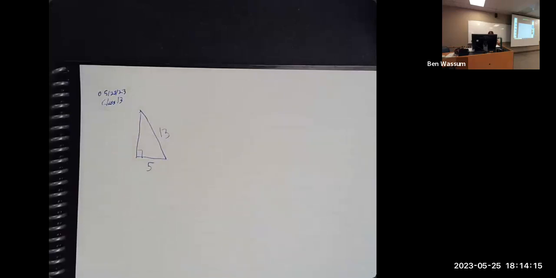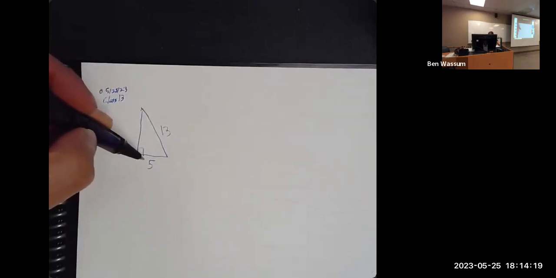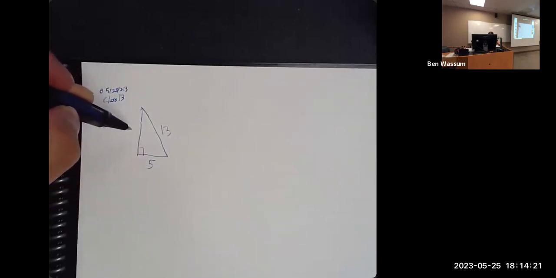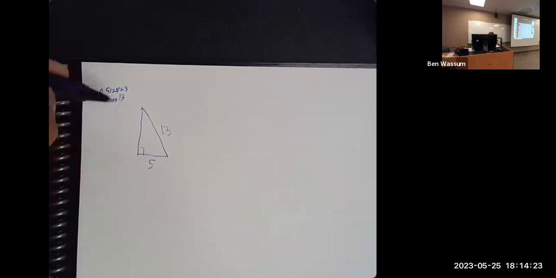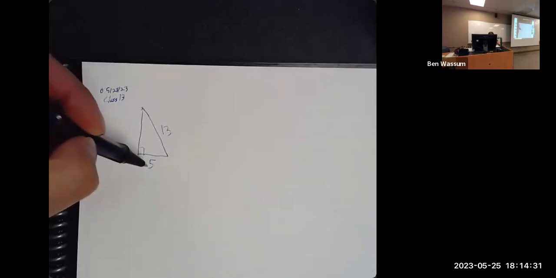Okay, so we have a triangle. We know one of the legs is 5. Now you could have drawn that 5 up here. It's honestly, math-wise, not going to make a difference. But either way, one of the legs is 5, and then the hypotenuse has a length of 13.